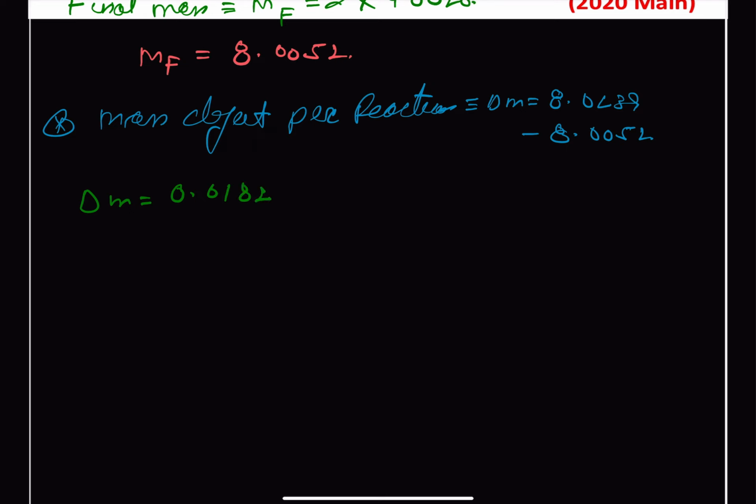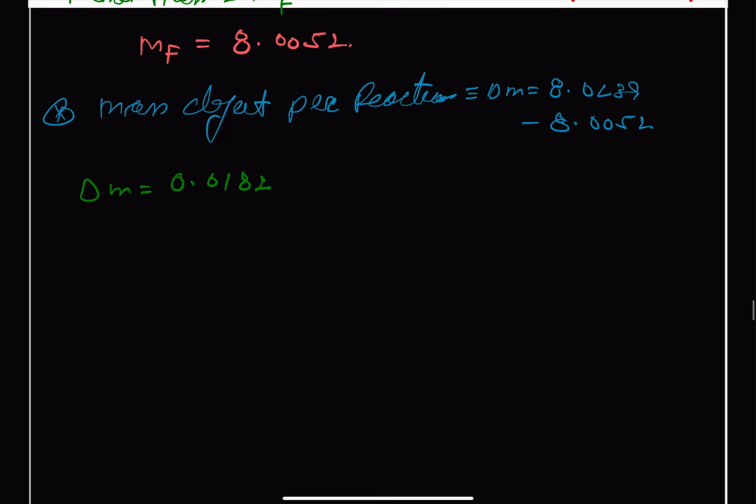And from here, because this is mass defect per reaction, we can find out energy per reaction.